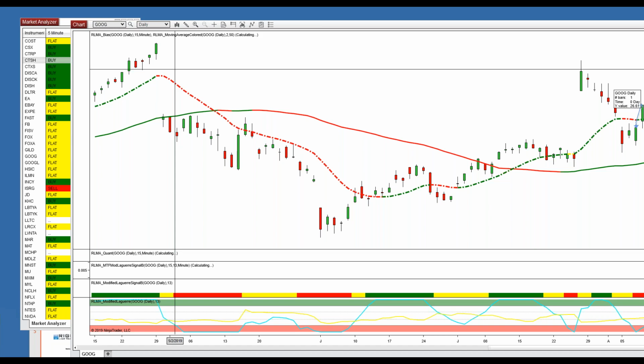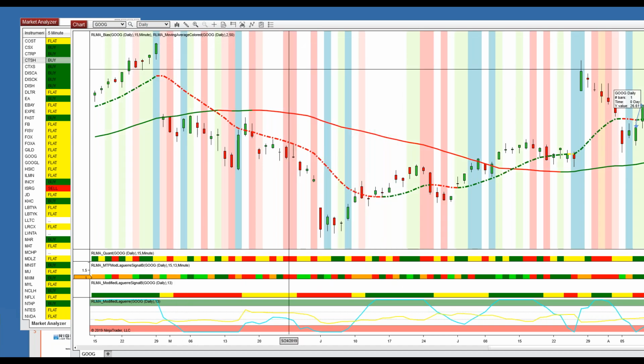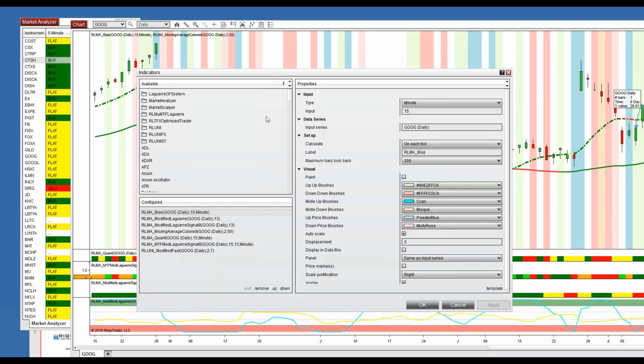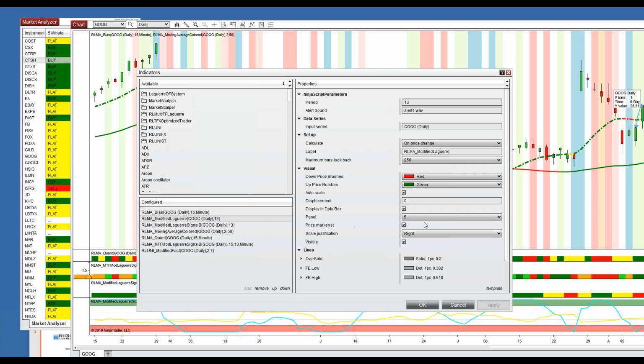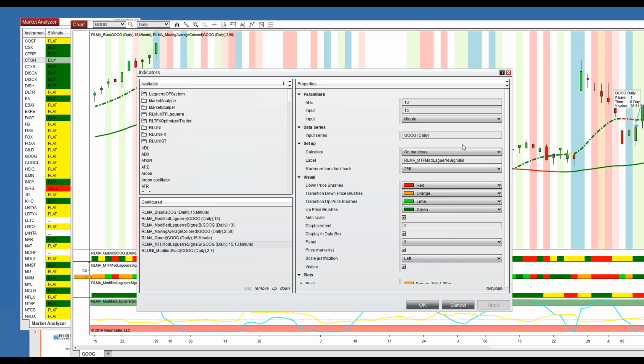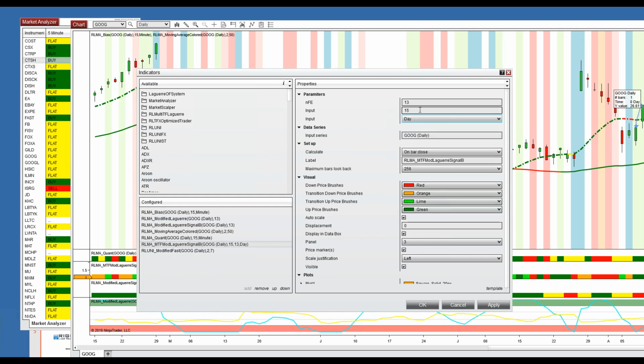Everything's calculating. Now, what we have to do to Google is also reformat the indicators. Remember, you're going to set all these up as templates, so you don't have to do this every time. The MTF Laguerre has got to go from minutes to days, and you're going to put in 3.